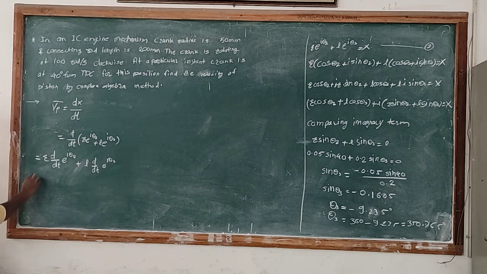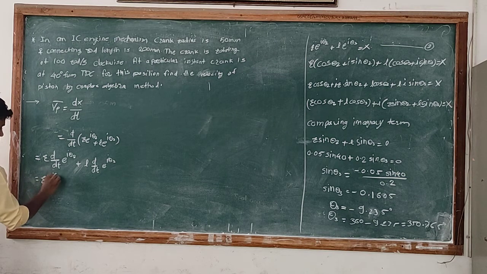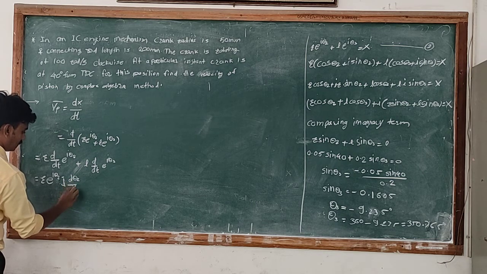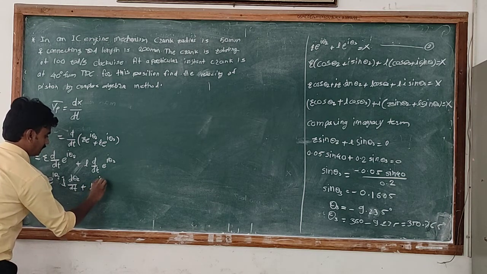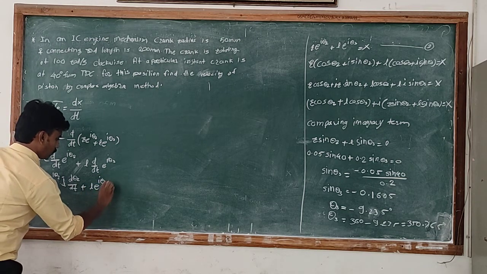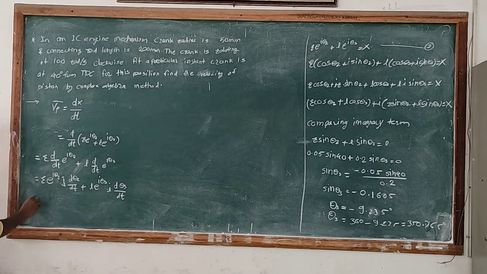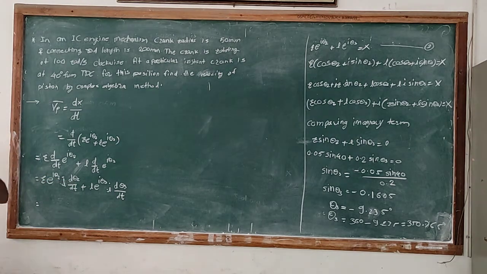If you take the derivative, then you will get r into e raised to i theta 2 into i into d theta 2 by dt plus L into e raised to i theta 3 into i into d theta 3 by dt. Now d theta 2 is the angle made by the link 2 with respect to the real axis.